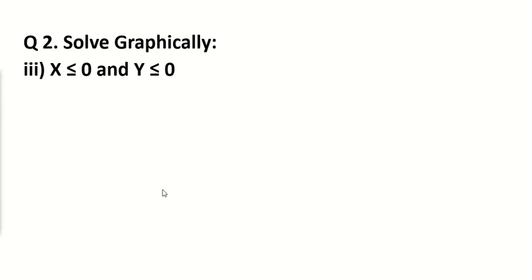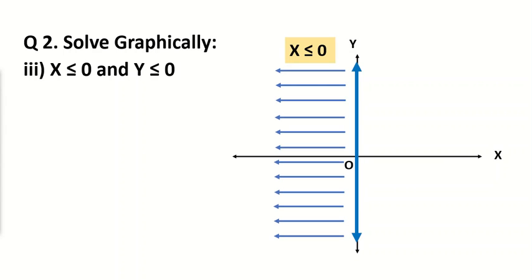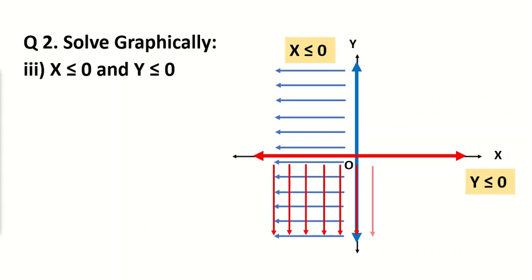Let us look at the third problem. The region given to me is x less than or equal to 0 and y less than or equal to 0. The steps are the same. Draw the XOY plane. Show the region x less than 0, that is, the points on the left-hand side of the y-axis. Draw the line y equal to 0. It will overlap on the x-axis.